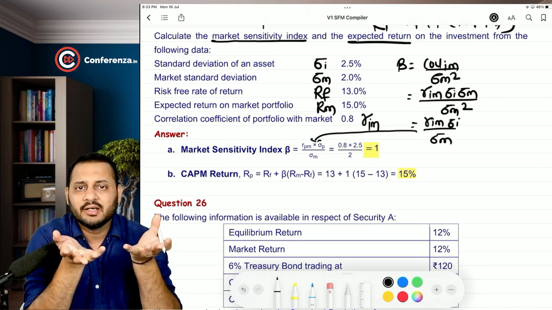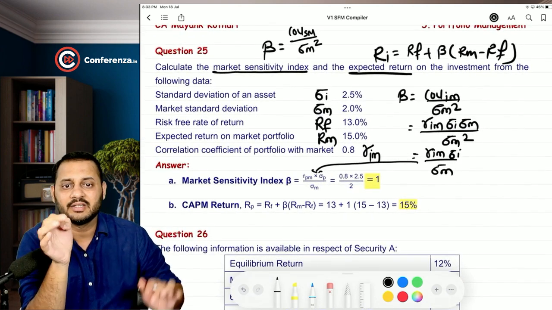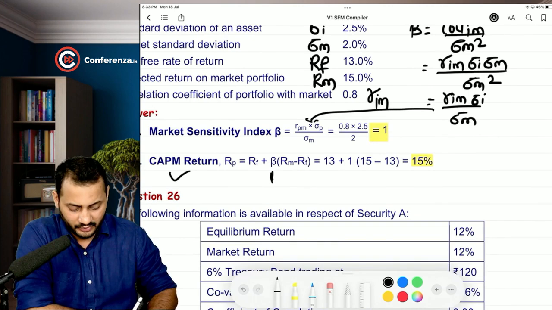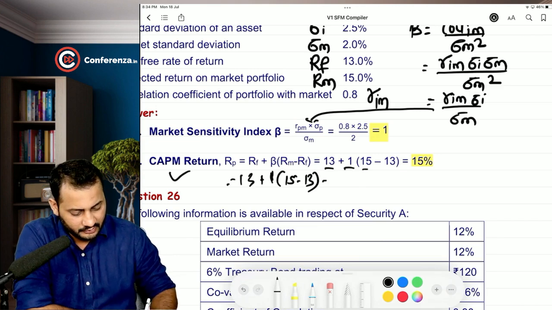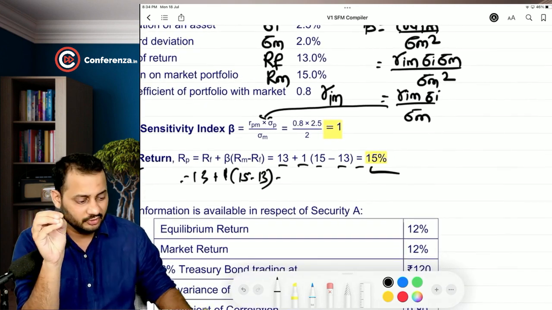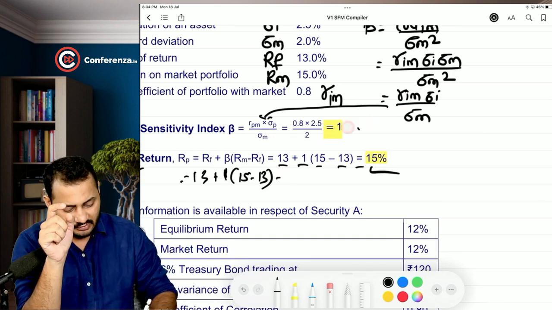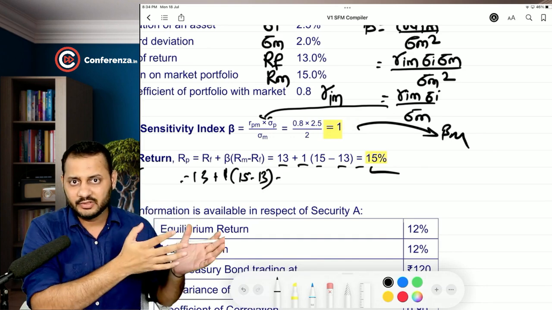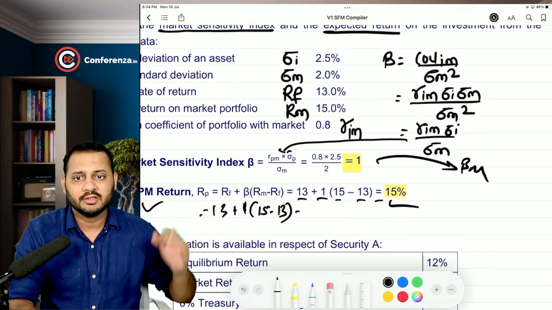Since the beta is 1, the market return and the security return will also be the same. That is 15%. Have a look. When you calculate the return, you put 1 in this formula: 15 minus 13 plus 13. You will get 15 only. So understand the logic: if the beta of the stock equals the beta of the market, then the return of the market and the return of the stock will also be the same, that's 15%.